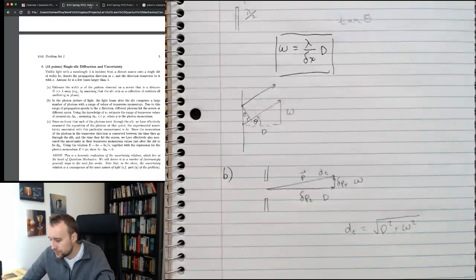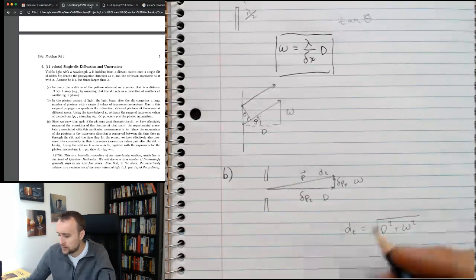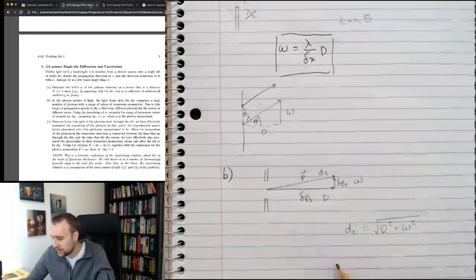So we need some kind of overall proportionality. I think the distance proportionality is going to be the momentum proportionality, no?